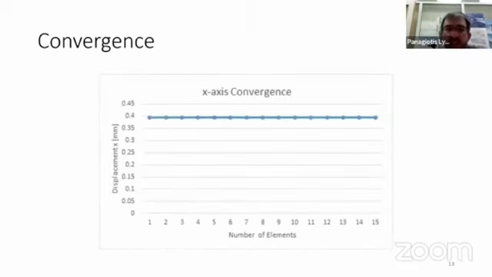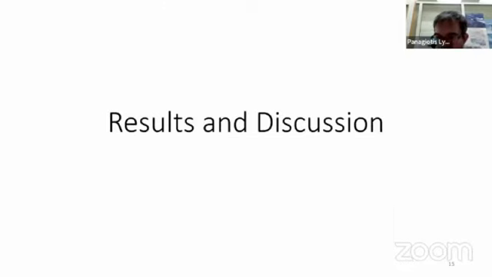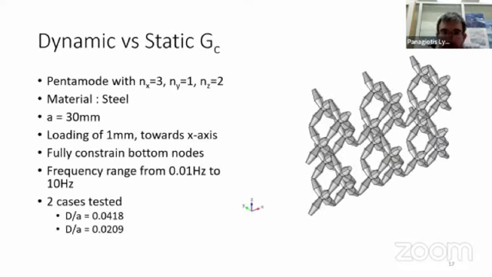As you can see, we have increased from 1 element to 15 elements per rod, and we have the same displacement at the top nodes. So the algorithm has converged, and we have used 4 elements per rod. Now the results.